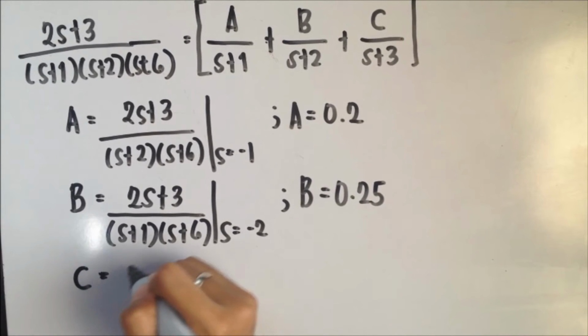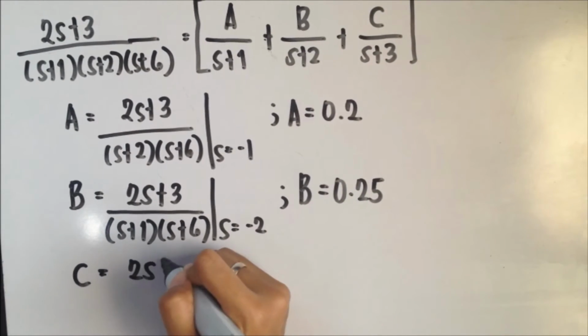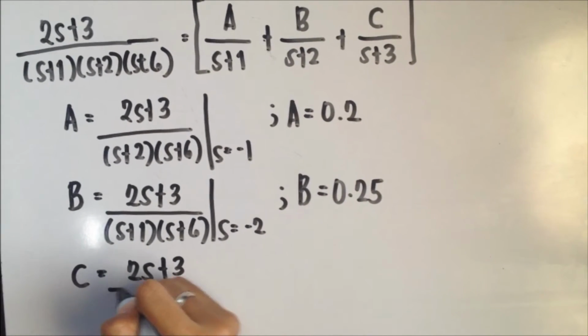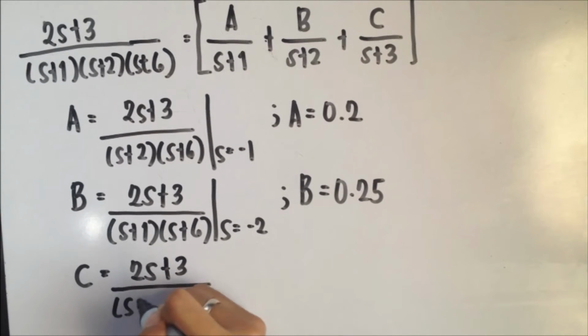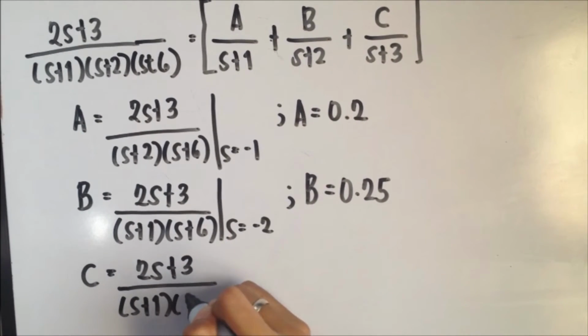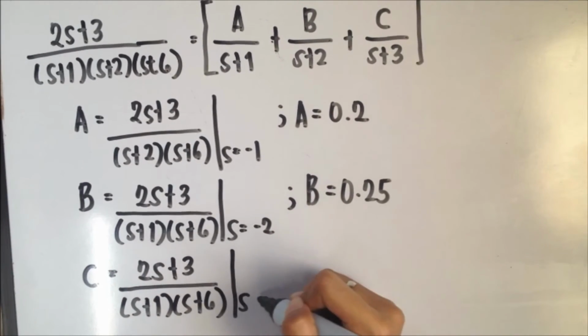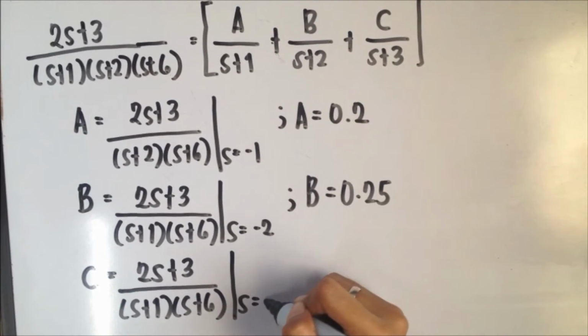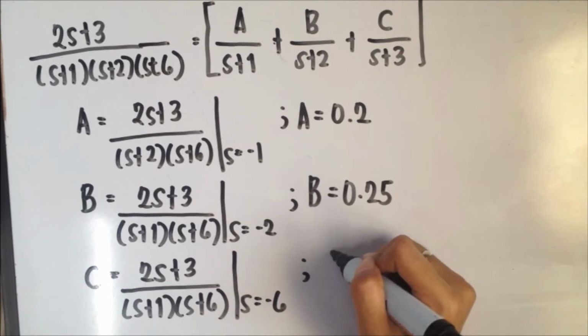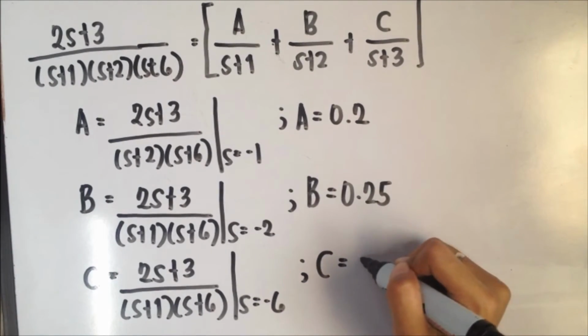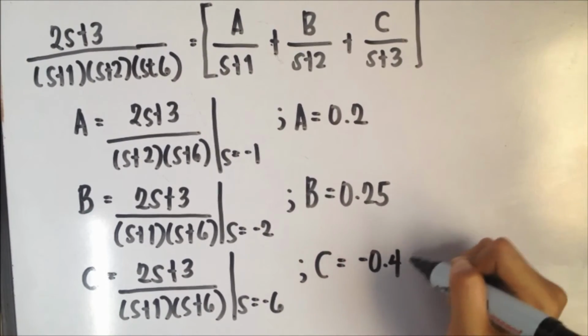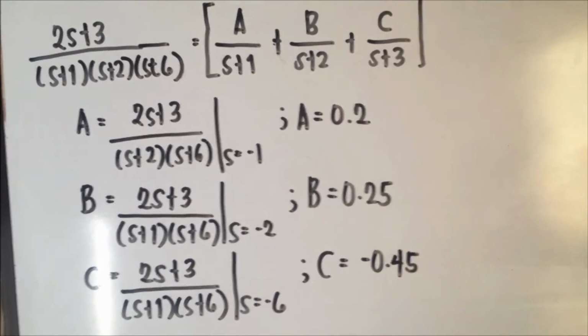Okay, so next is c. This will be the last. So 2s plus 3 over quantity of s plus 1 times quantity of s plus 2, where s will be equal to negative 6. So we will obtain c equals negative 0.45.